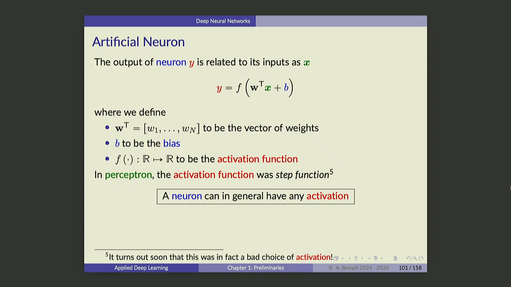But the point is that you're going to see it in your assignments that if you set it to be a linear function, then that neuron is actually not doing anything for you, right? If you get one neuron with linear activation and you just concatenate it with another neuron with linear activation and so on, all of it is again one giant neuron, right? So it's useless.